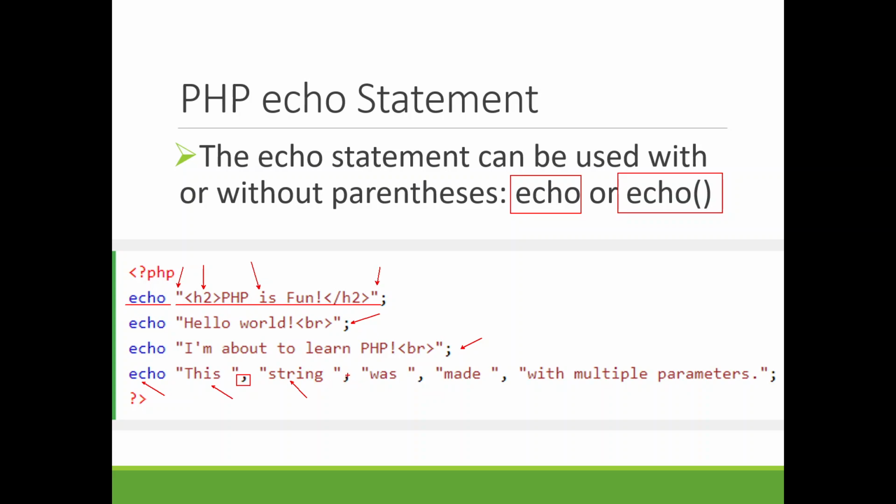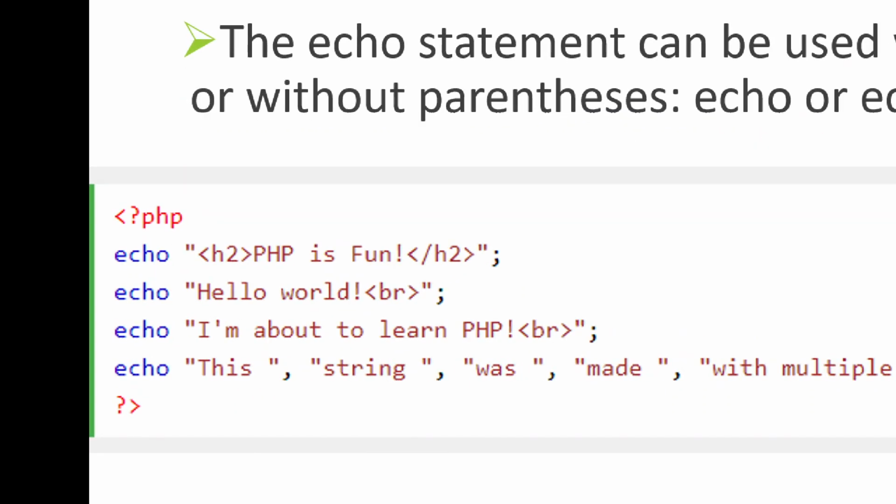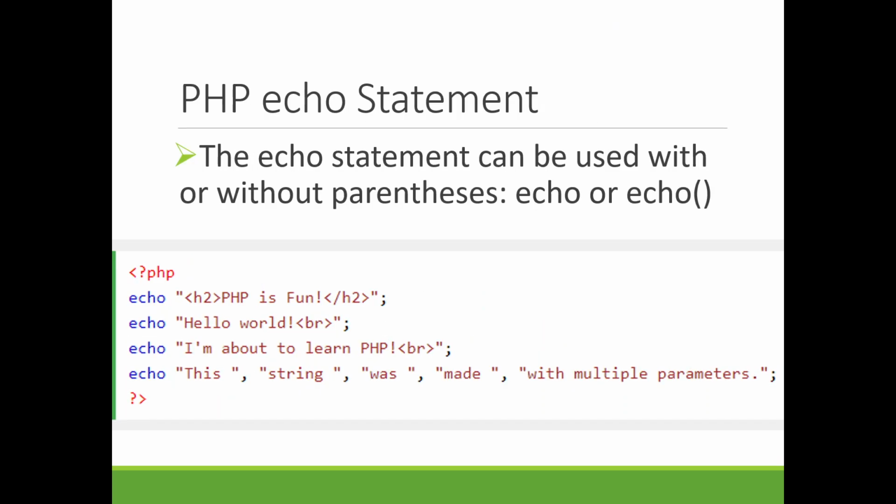Then this one, the second one. Then we separate again with a comma. Then the third one. And then again comma. Then fourth. Then fifth. So this echo statement can take in multiple parameters. While really, when it comes to print, you can't do this.